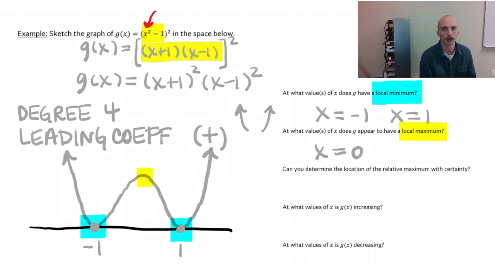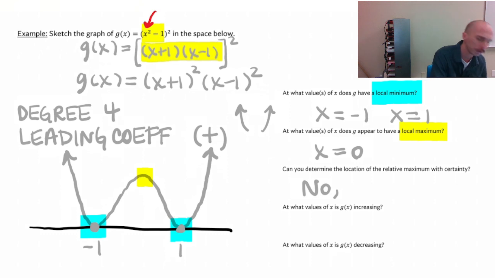So whatever's happening between x equals 0 and 1 is reflected on the other side, between x equals 0 and x equals -1. And if you kept thinking about it, you would realize that the same thing had to happen on both sides of the y-axis. Therefore, the maximum had to happen at the y-axis. So probably not.